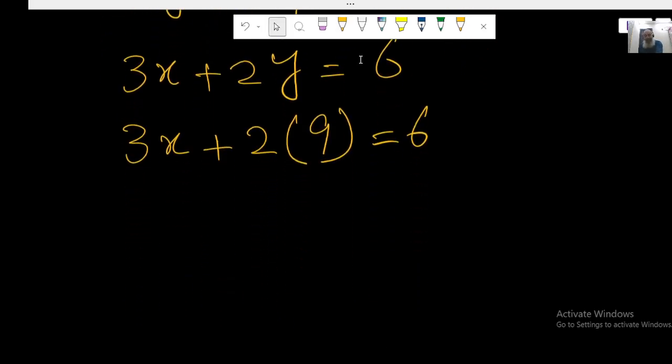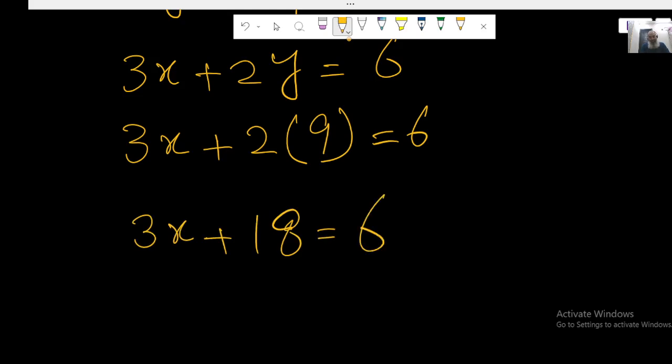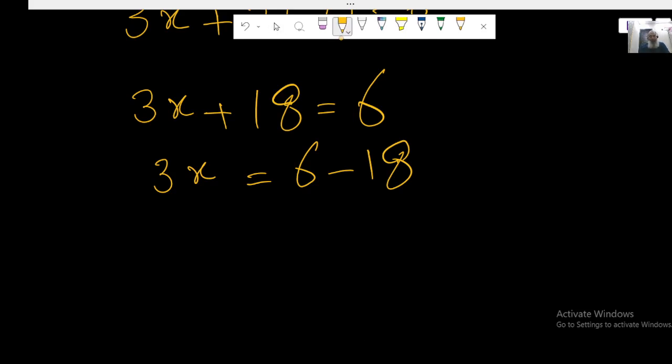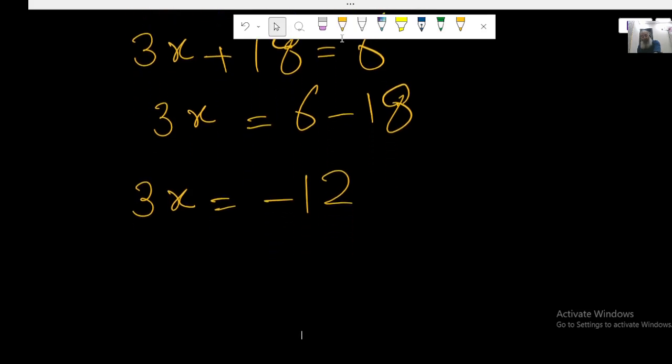And here now it's 3x plus 18 is equal to 6, and if I move this one to the other side, 3x is equal to minus 12, and now I divide both sides by 3 to make x alone on one side of the equal sign.